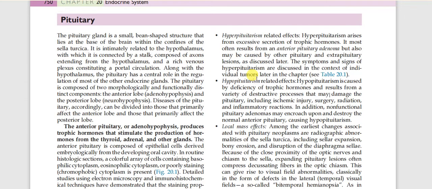You remember we have achromatic cells which don't collect any color and have no confirmed function, and that's why sometimes it leads to hypopituitarism. It's very rare, but much more commonly we have a destructive process in the pituitary gland, like ischemic injury, surgery, radiation.